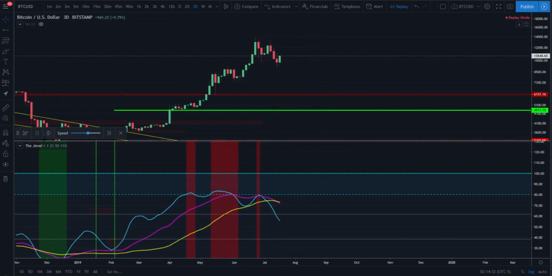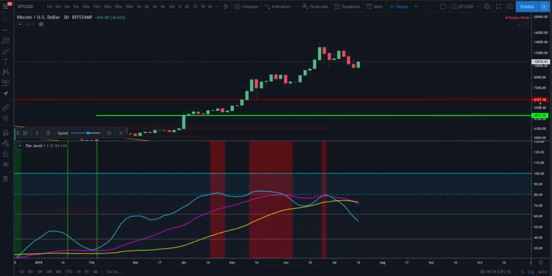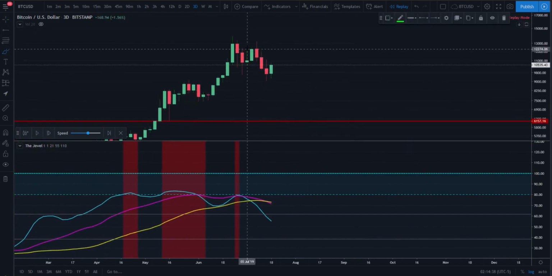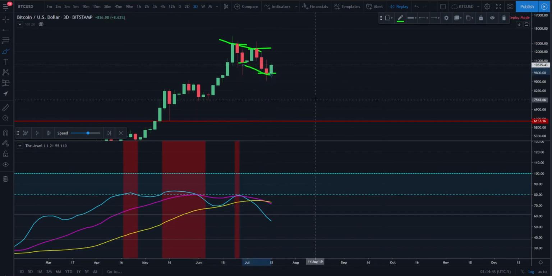Okay. So here's the thing. What you can see over there is this. That's a lower high. That's a lower low. You now have a trend change on the 3-day. Okay.